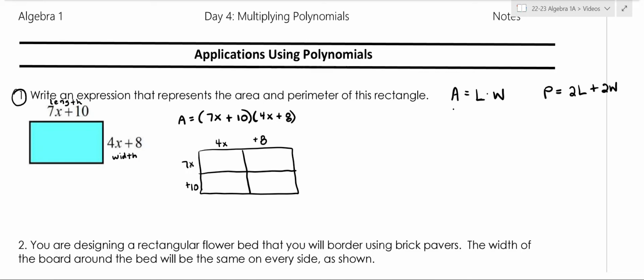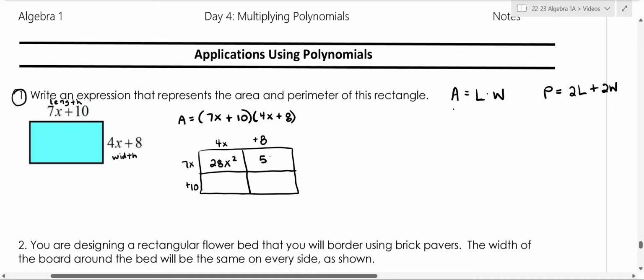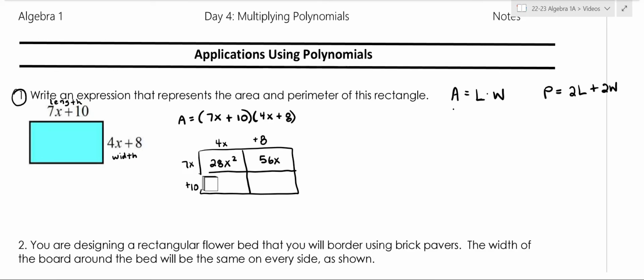All right, so 7x times 4x is going to be 28x squared. Over here, 7x times 8 will give us 56x. This one right here is 10 times the 4x, so that's 40x. And the last box is 10 times the 8, which is 80.